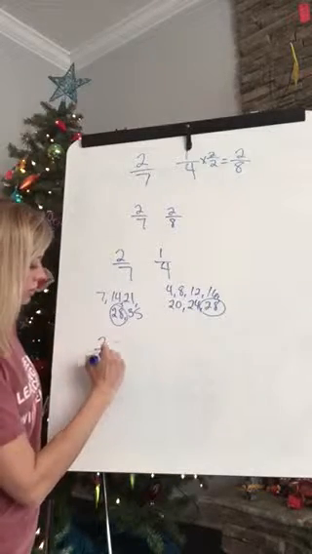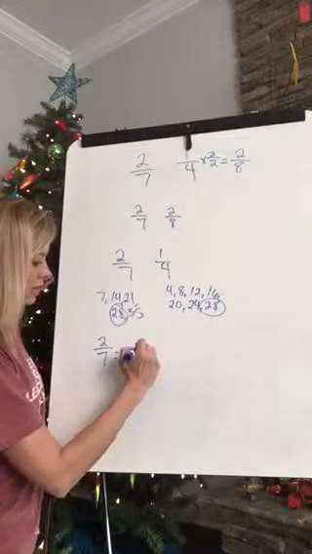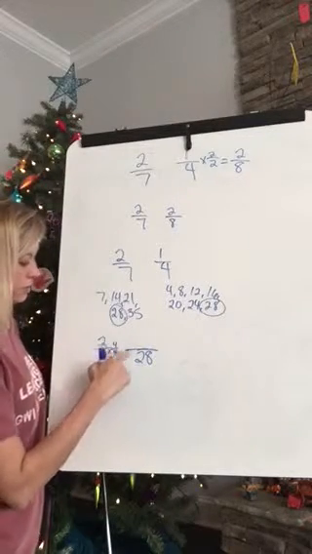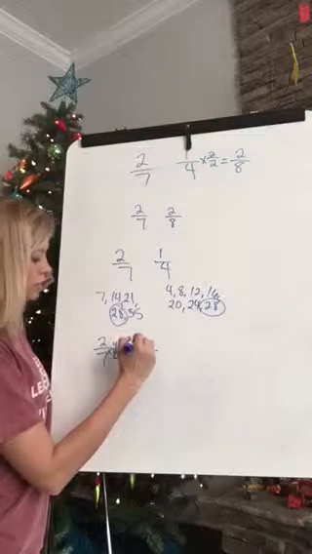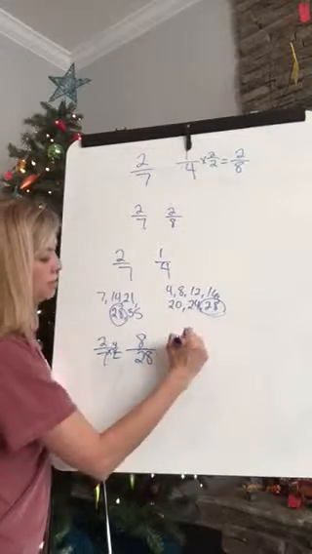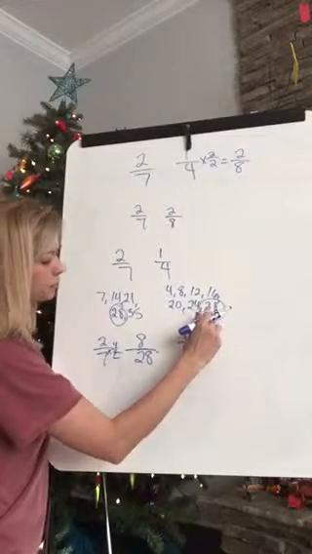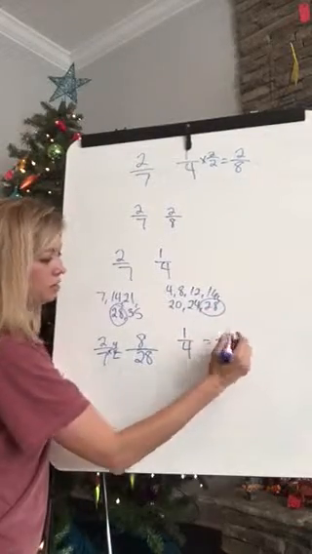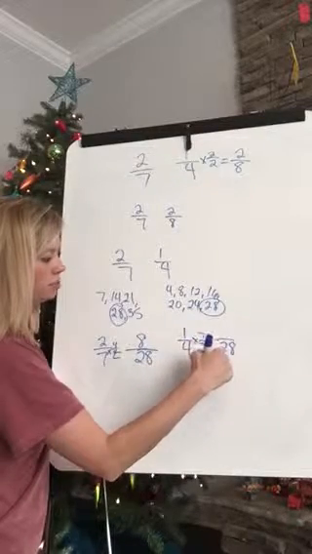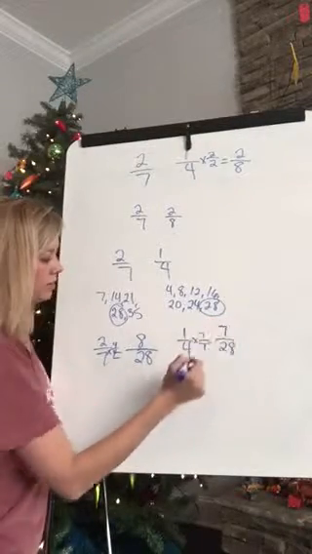So to make 2/7 into 28s, I'm going to multiply by 4 over 4. So 7 times 4 is 28, and 2 times 4 is 8. So 2/7 equals 8/28. And then to make 1/4 into 28, I'm going to multiply by 7 over 7. 4 times 7 is 28, 1 times 7 is 7.